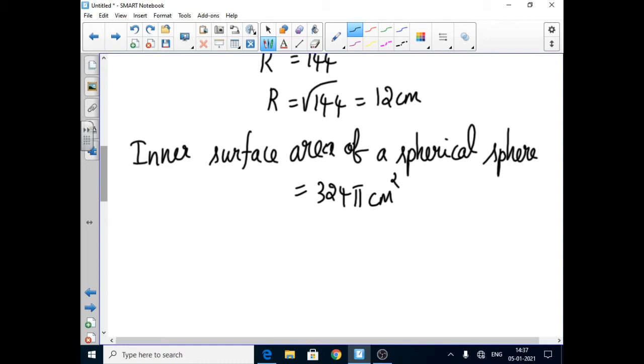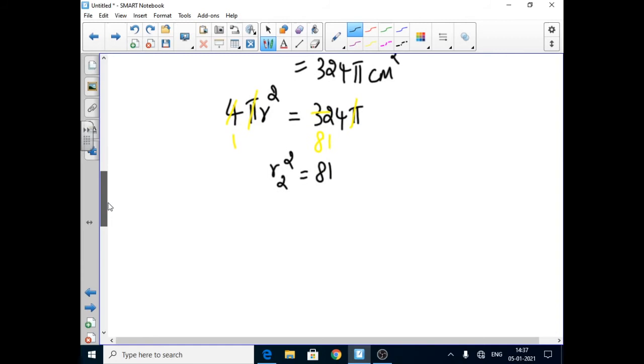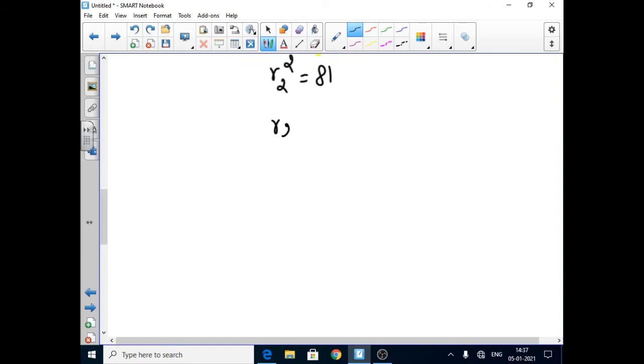Okay, so for the same inner surface area, here we should write the smaller 4 pi r square is equal to 324 pi. Here also we can do the cancelling. Pi cancel, then 1 4 is 4, 8 4s are 32, 1 4 is 4. Okay, so r square is equal to 81. So r is equal to square root of 81, which is 9.